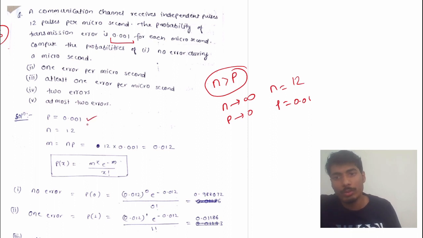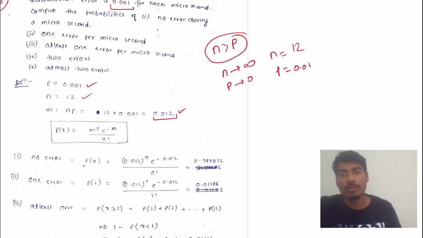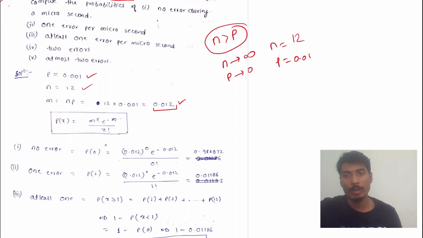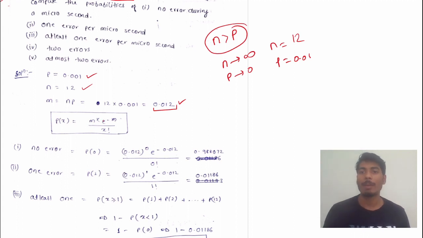P is 0.001 and n is 12. So what is the value of m? M is np, the mean. So 12 into 0.001 equals 0.012. Now we use the formula of Poisson distribution: P of x equal to m power x, e power minus m, by x factorial.